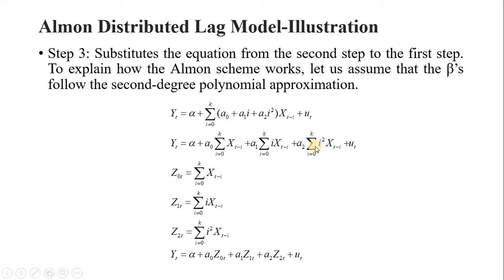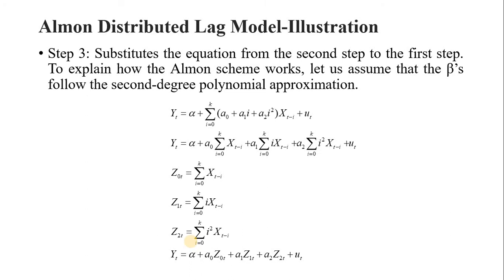What I am doing here is giving sigma xt minus i as z0t, sigma i xt minus i as z1t, and sigma i square xt minus i as z2t. So instead of these big equations or notations, I am giving just z0t, z1t and z2t. Now look at this equation: yt is equal to alpha plus a0 z0t plus a1 z1t plus a2 z2t plus ut.